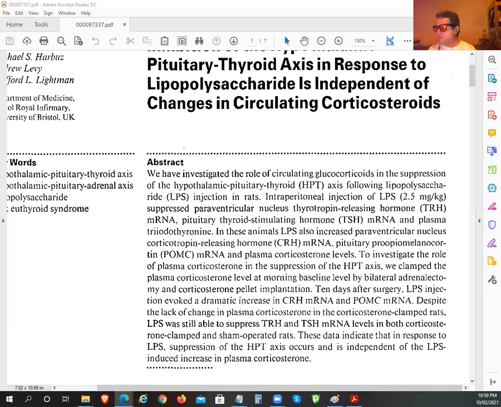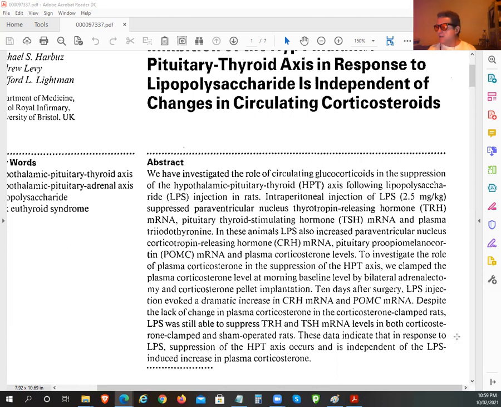Despite the lack of change in plasma corticosterone in those that were clamped, LPS was still able to suppress TRH and TSH levels in both clamped and sham. That means both the ones that were clamped and the ones that weren't. So that's quite clear that LPS has a direct effect on this axis that affects the thyroid hormones.